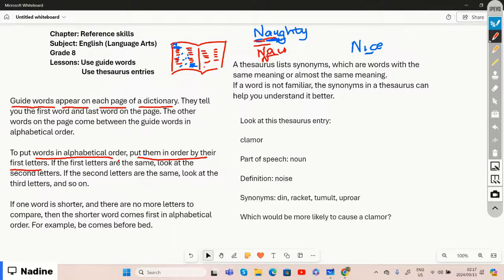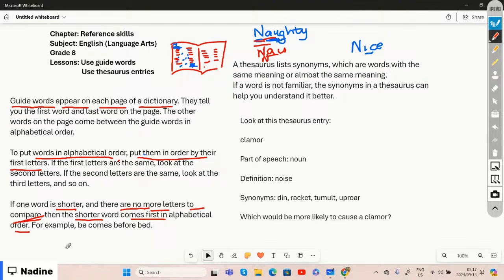And if we have a word that is shorter and there are no more letters to compare, then the shorter word comes first in the alphabetical order.